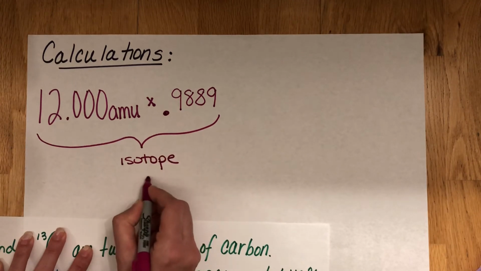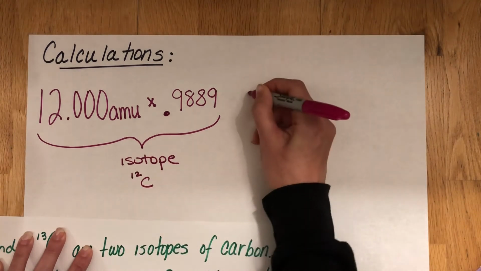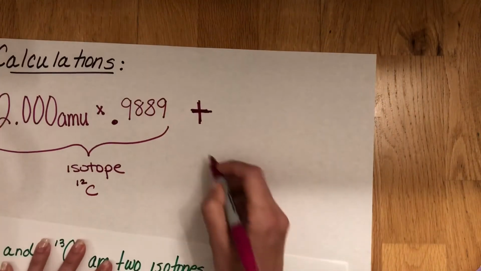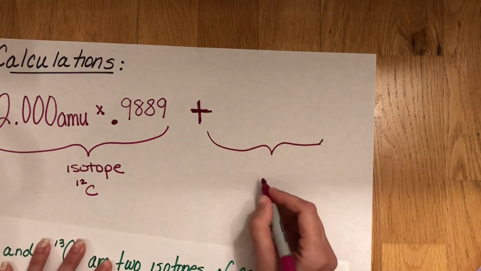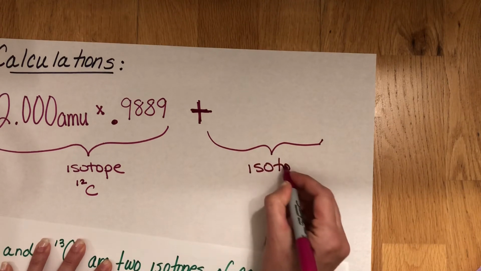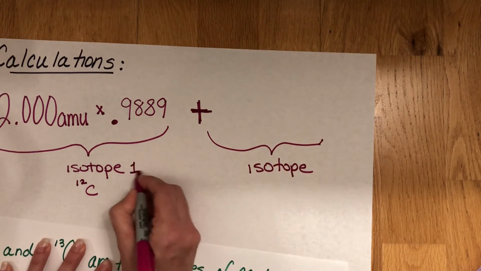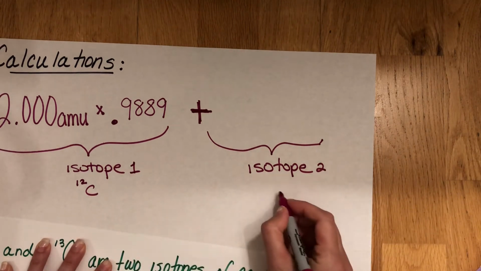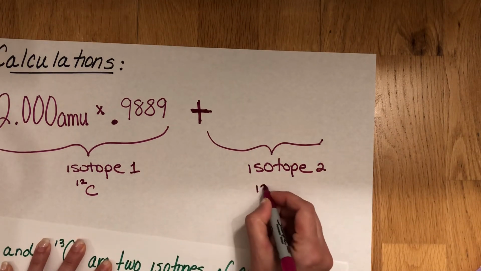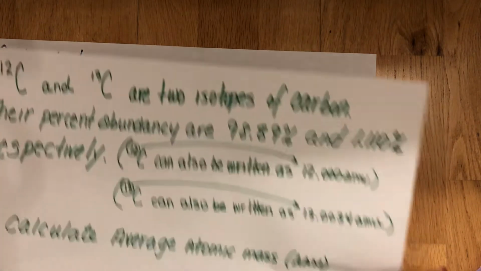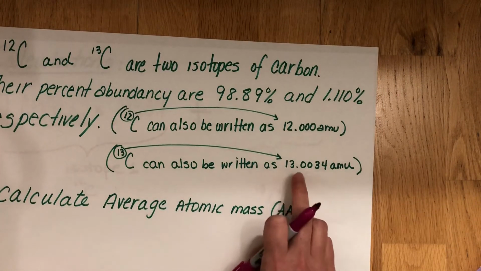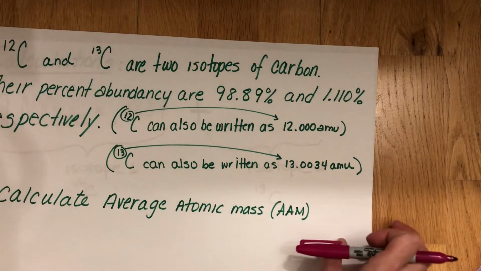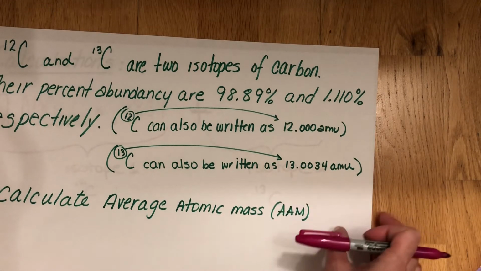of carbon 12. I'm going to add it to my second isotope. So my second isotope, so maybe we'll call this isotope 1 and isotope 2, or isotope A and isotope B, it doesn't matter, which was carbon 13. And if you remember carbon 13's information, here's my more experimentally, right, better atomic mass unit. So I'll use that, okay?